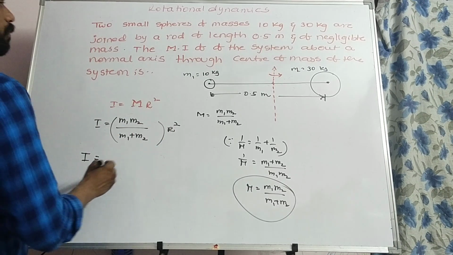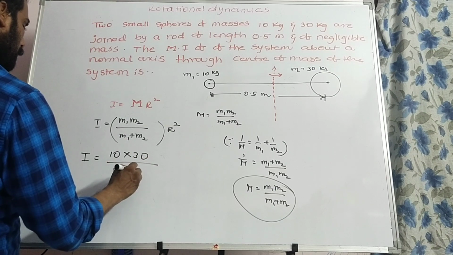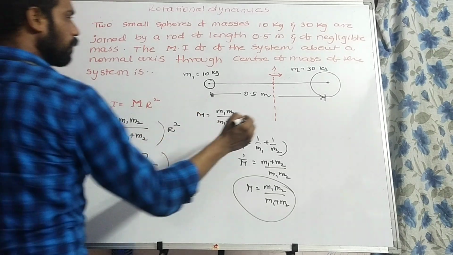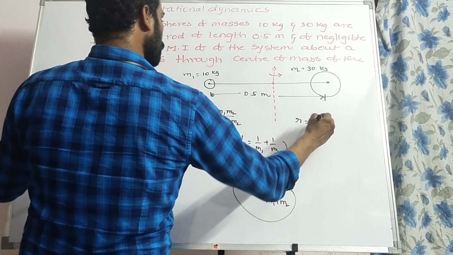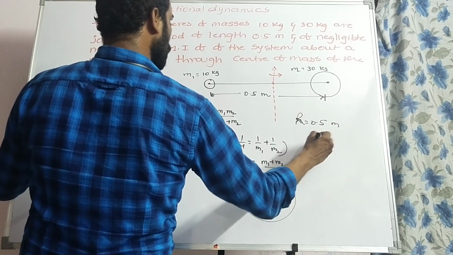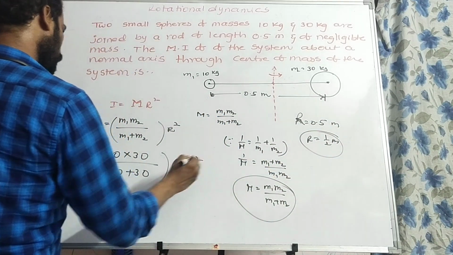Now I is equal to 10 into 30 by 10 plus 30 into distance 0.5. The capital R is equal to 0.5 meter. So R is equal to half meter. Then that is half square.